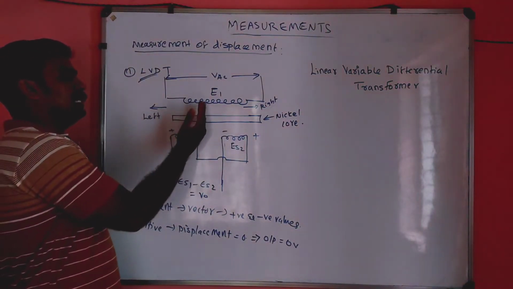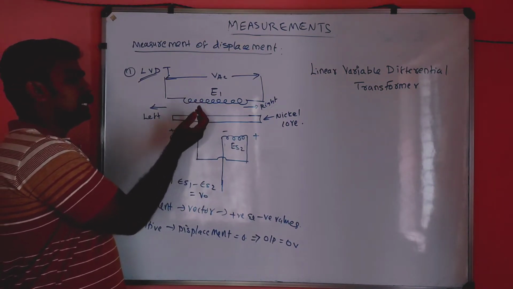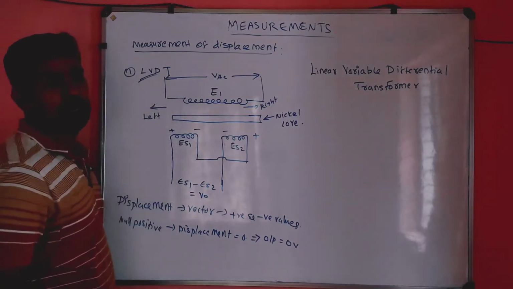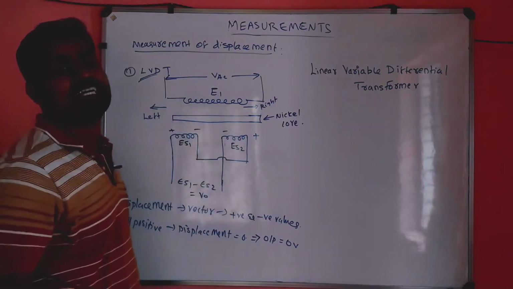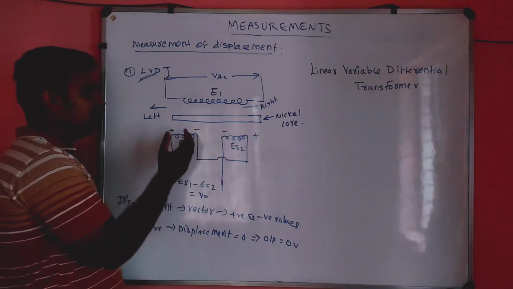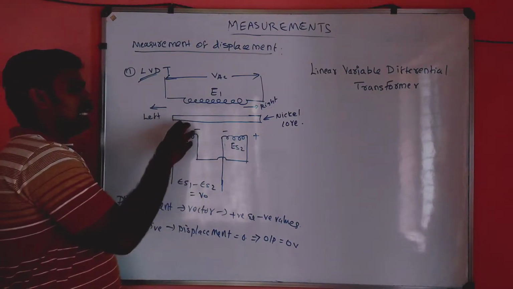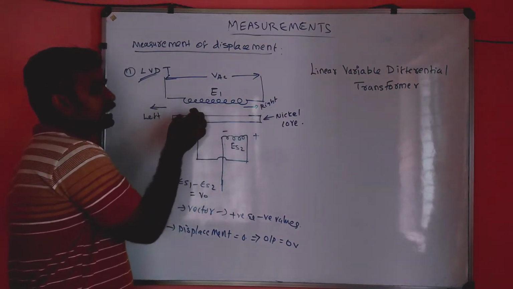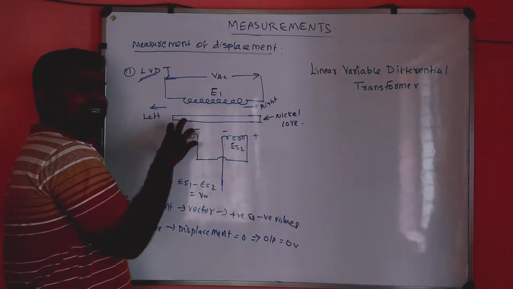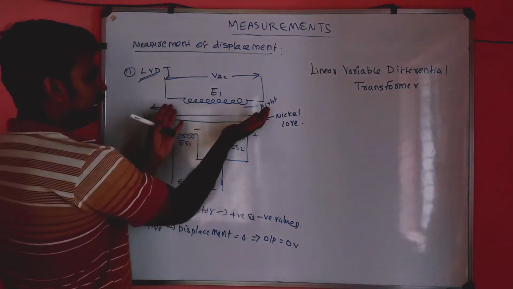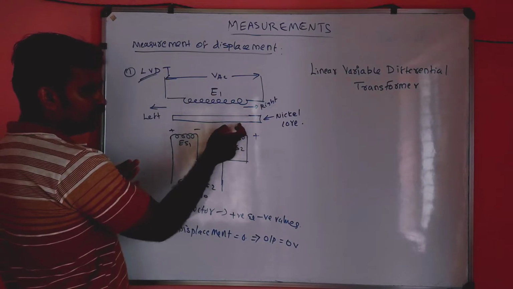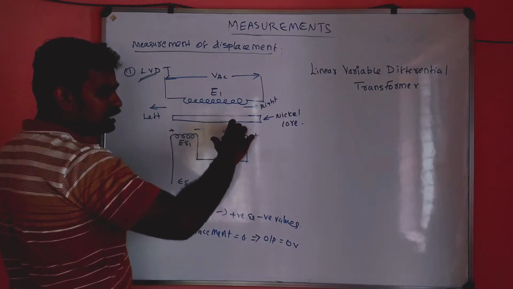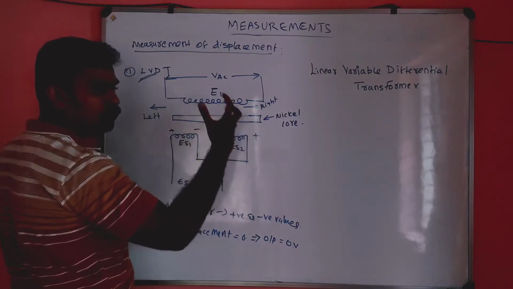Suppose I displace this nickel core to the left by a small distance. What happens? There will be unbalancing in the magnetic field lines associated with the first coil as well as the second coil. In the first coil, more portion of the nickel core is now included, while the presence of the core in the second coil will be reduced.